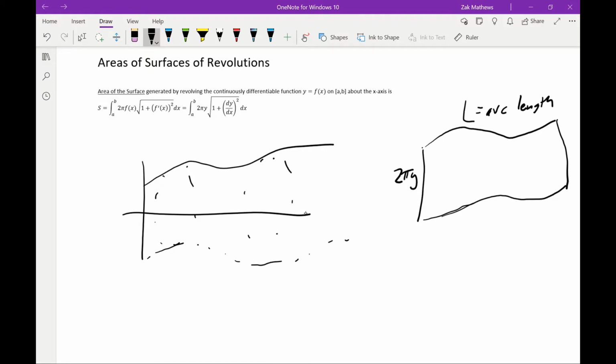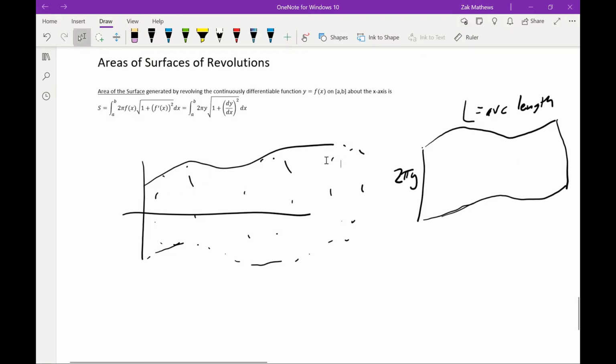As it rings around, that height element would be the 2 pi y if we were to slice it and then unwind it. So it's kind of like taking the wrap around a Coke can, cutting it, and laying it out flat. That's what we've done here.